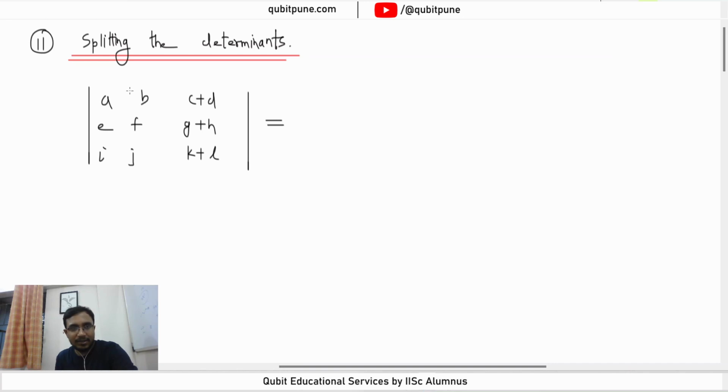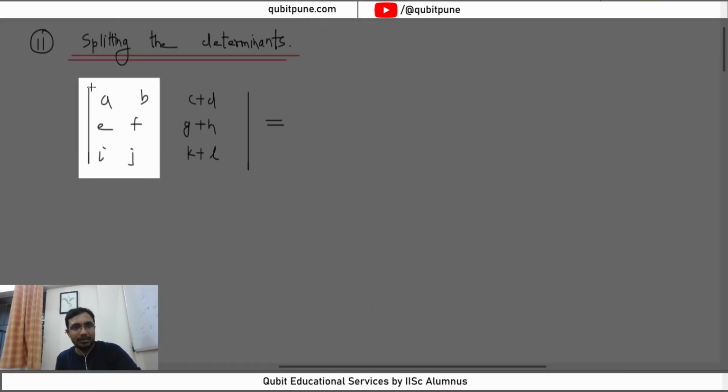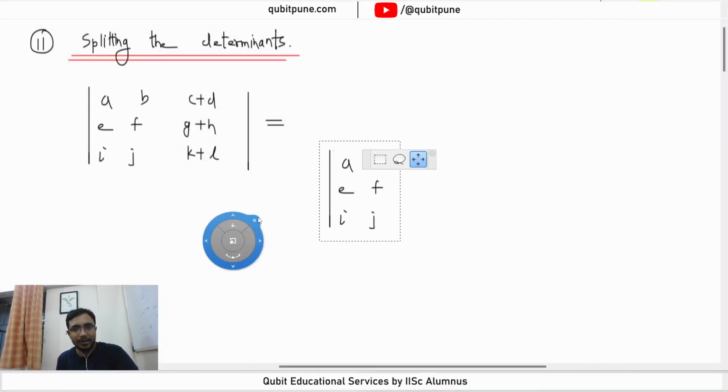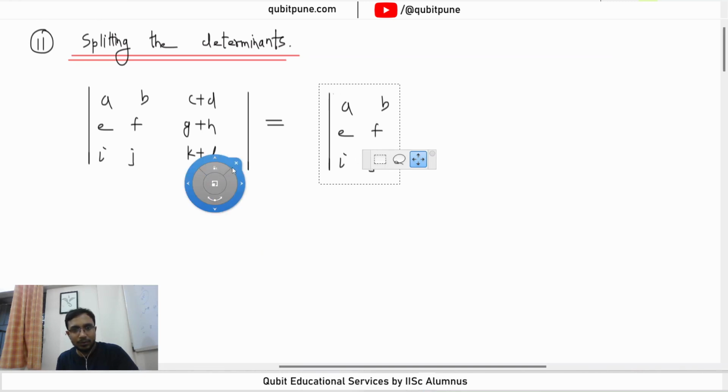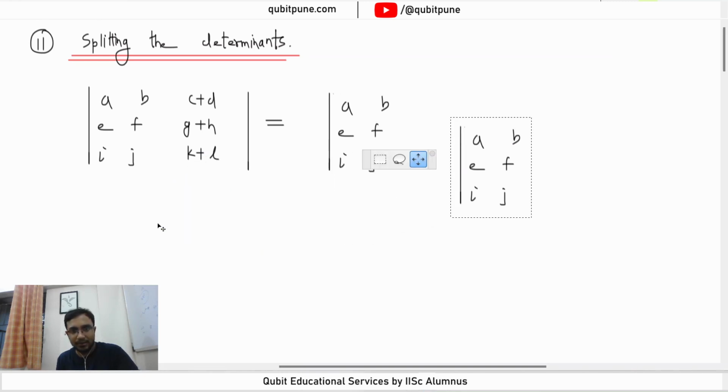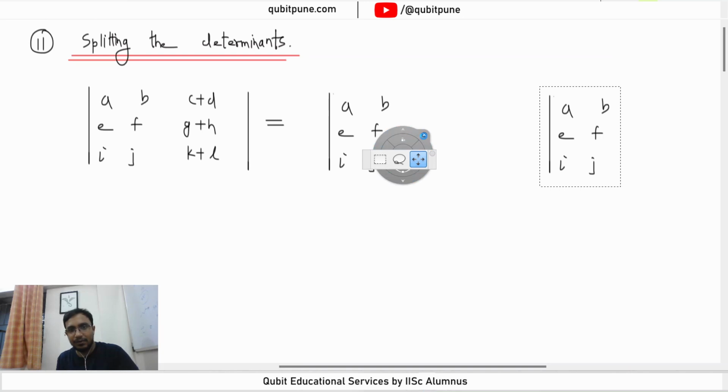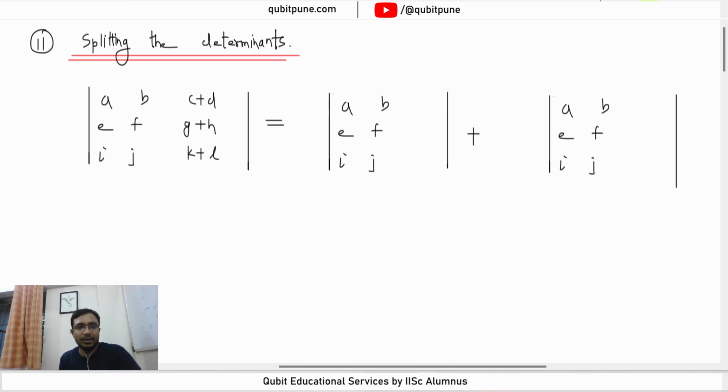So we can actually split this particular determinant into two determinants of the same order, having the first two or the other rows or columns intact. Only the third thing will change. Here it will be c, g, k, and here it will be d, h, l.